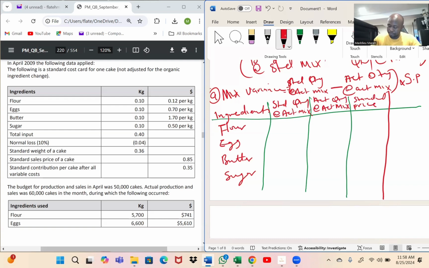Then from here, I will have my variance per kg, and I will have my variance per dollar.